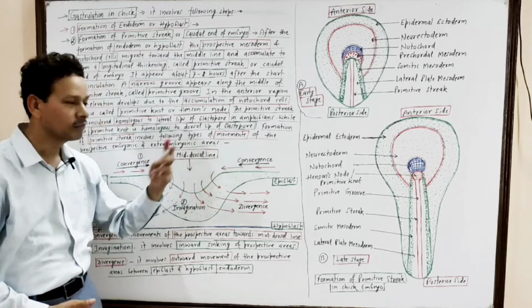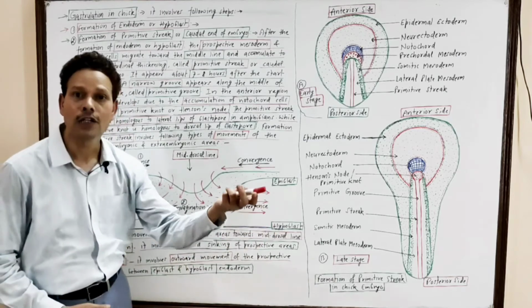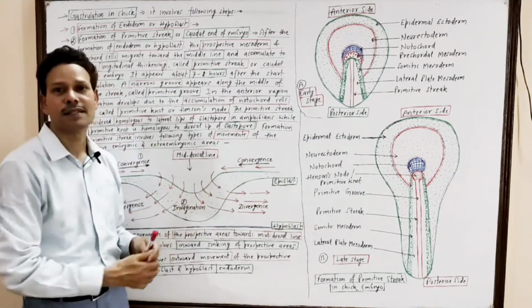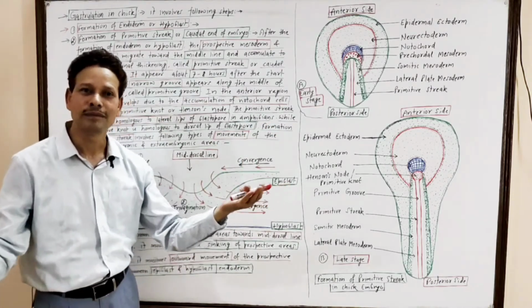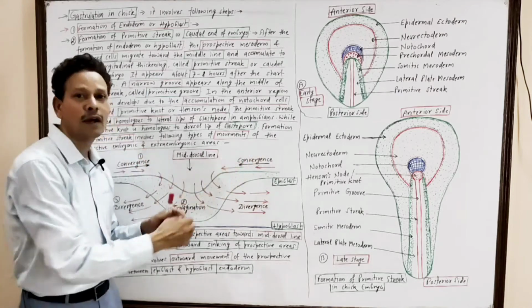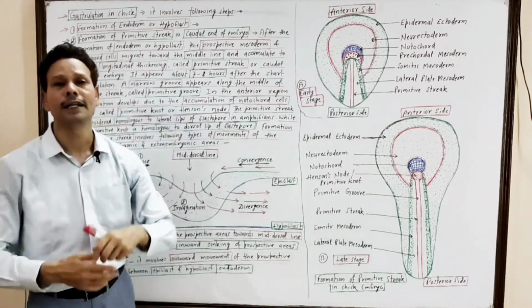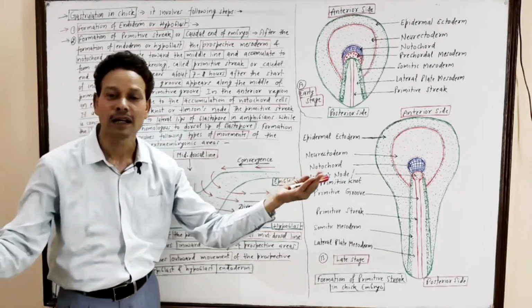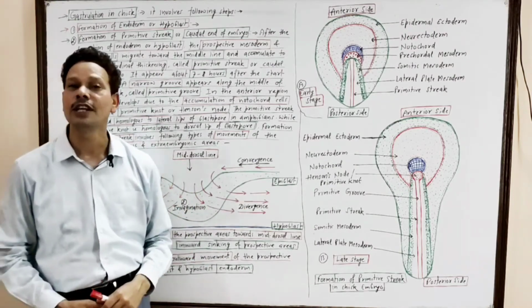This outer layer is epiblast, and this one is hypoblast, or endoderm. In convergence, the prospective areas of mesoderm, these cells, migrate inwardly towards this mid dorsal line. These movements are convergence.